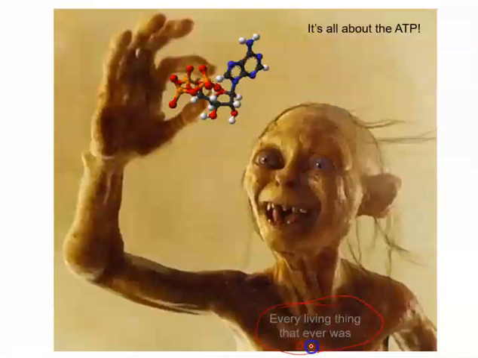ATP is serving here as the primary energetic molecule. If you can no longer make ATP, that's called the condition of death, because you need ATP to power your cells.